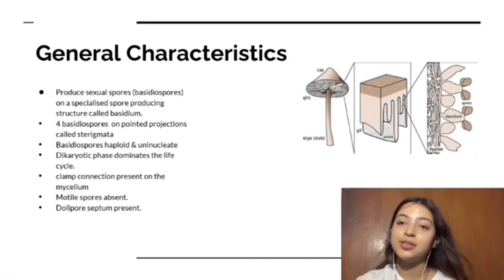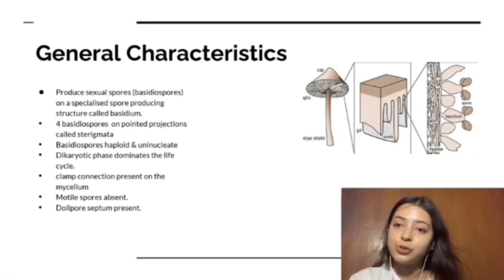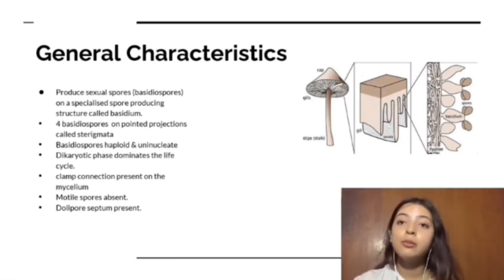General characteristics. As you can see on your screen, there are almost 5 to 6 characteristics. Number 1, as we all know, Basidiomycetes produce sexual spores that are known as basidiospores, which are produced on a special structure known as the basidium. Number 2, on that basidium, 4 basidiospores are produced.